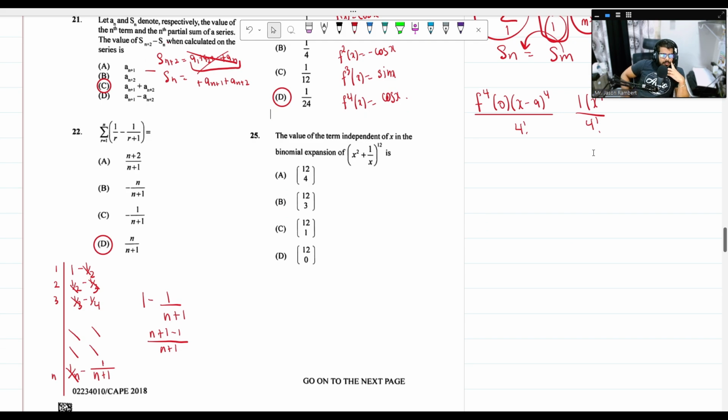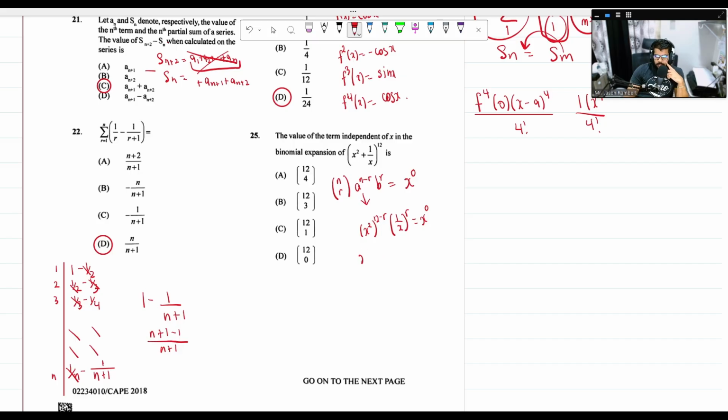The value of the term independent of x in the binomial expansion is nCr a to the n minus r b to the r. This must give me the term independent of x, which is x to the power of 0. So a to the n minus r is x squared to the 12 minus r, and b to the r is 1 over x to the power r, equal to x to the power 0.